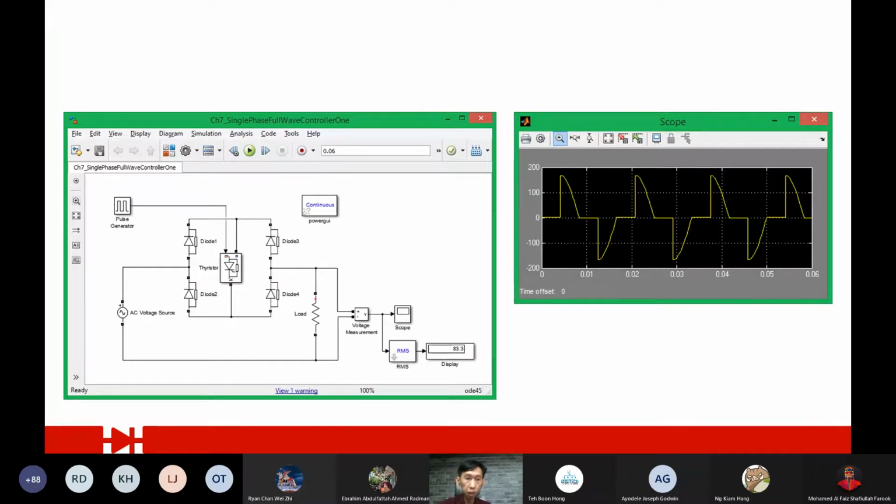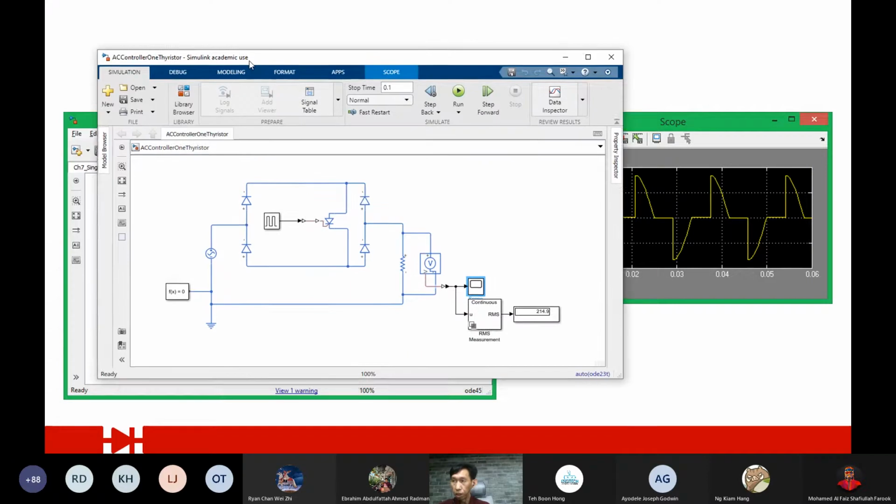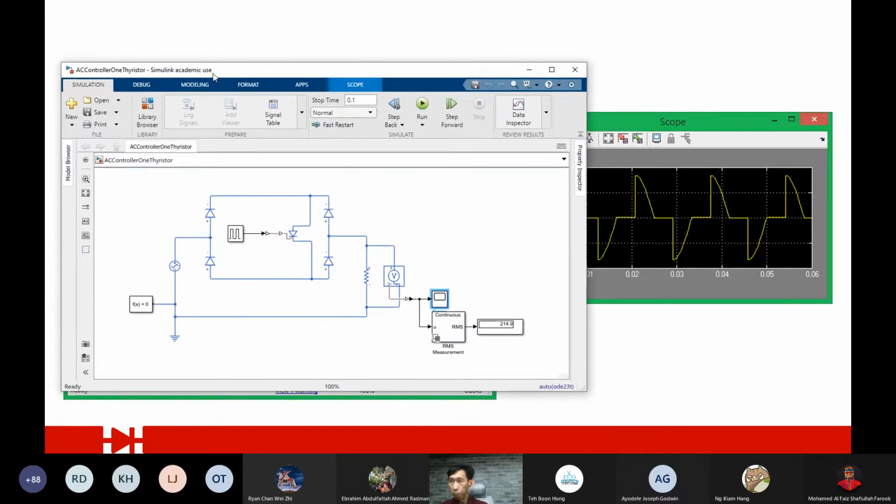Let's see. To make it easy, maybe we'll use this one example. What you need to do is just modify this part. You just need to put in one thyristor. The firing angle can be the same. Then we have a thyristor, and you just put 4 diodes here.